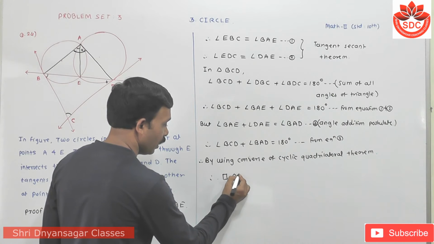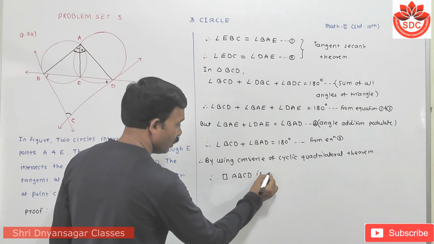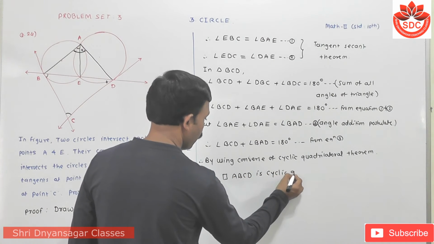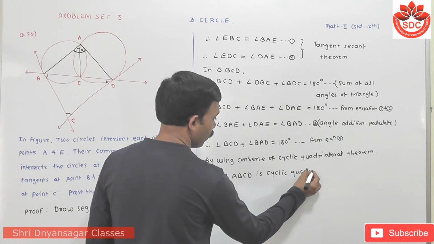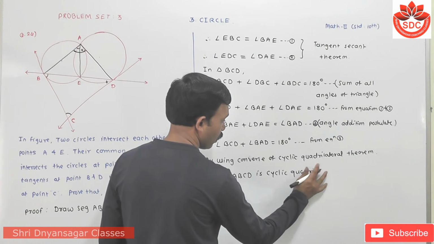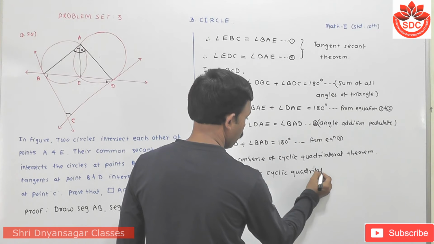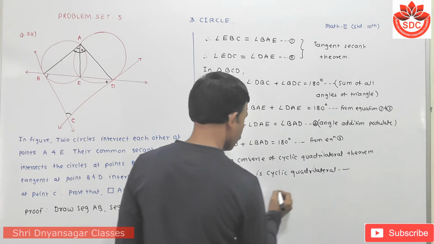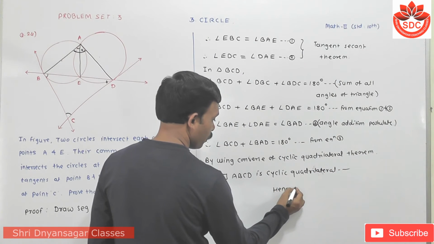Therefore quadrilateral ABCD is a cyclic quadrilateral, and hence it is true.